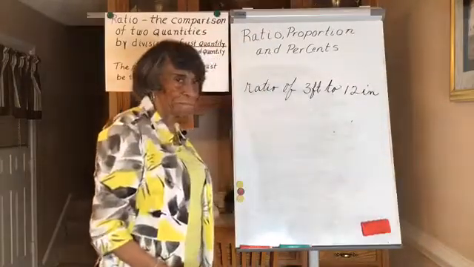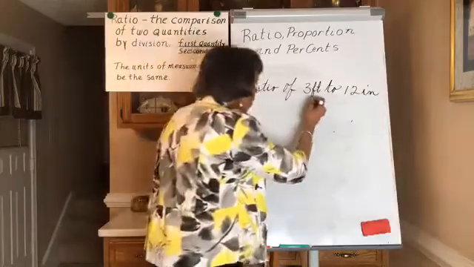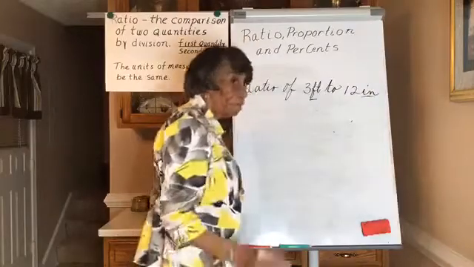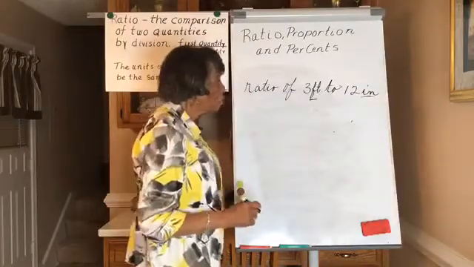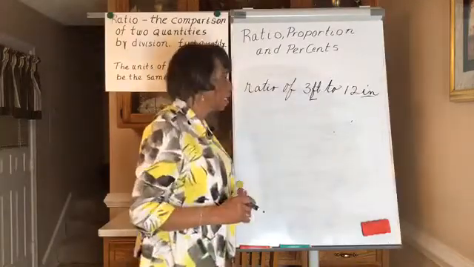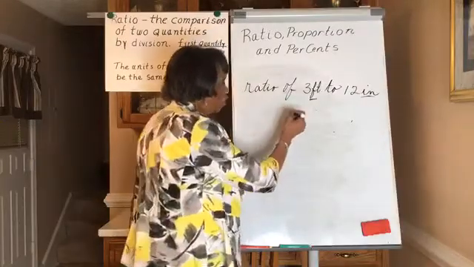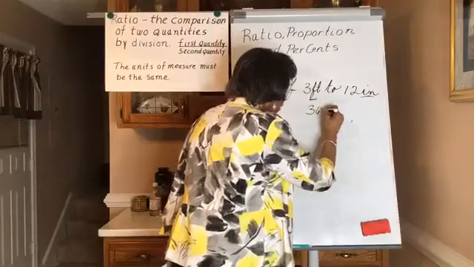So the units are not alike. So it's certainly not 3 over 12. When I say units of measure, I'm either going to have to change both of them to feet or both of them to inches. First thing I'm going to do is change this to 36 inches.